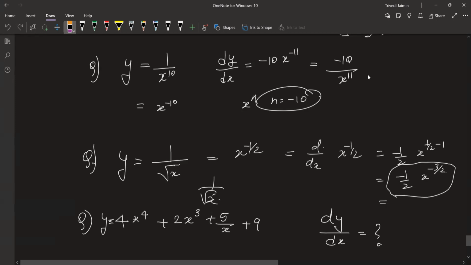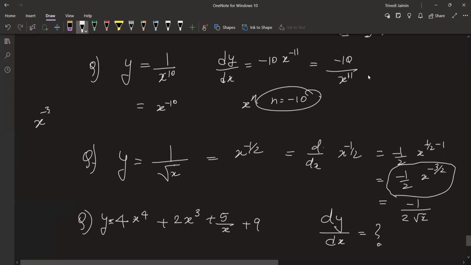Sir, is it root 2? No, sorry. Minus 1. Sir, can I try? Minus 1 by 2 root x to the power minus 3.